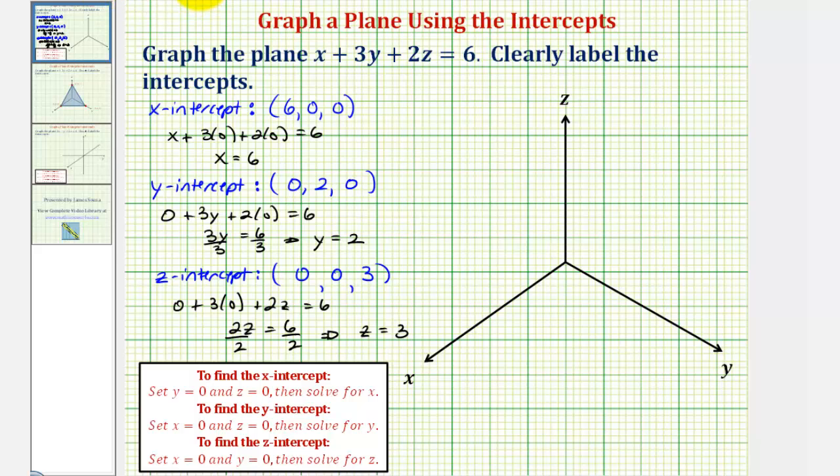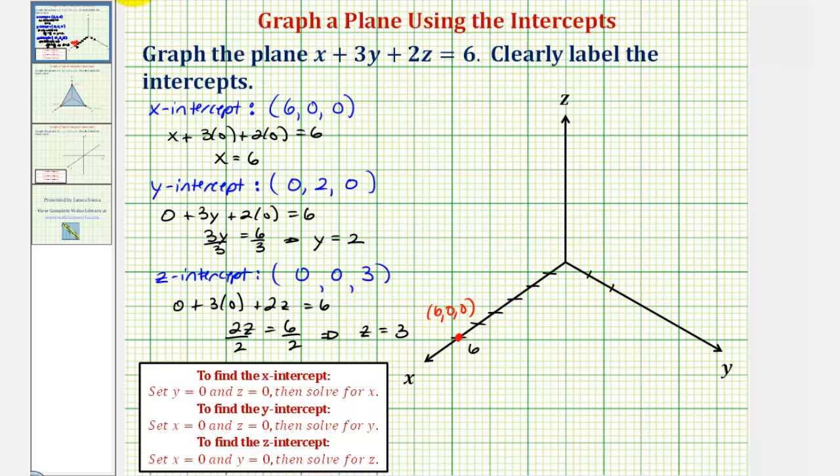And since the x-intercept is the point (6, 0, 0), this is the positive x-axis, so we'll go out 6 units here, and the x-intercept would be this point here, which again has coordinates (6, 0, 0). The y-intercept is the point (0, 2, 0). Here's the positive y-axis, so we'll go out 2 units.